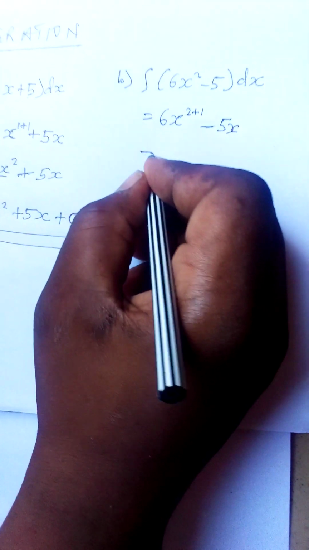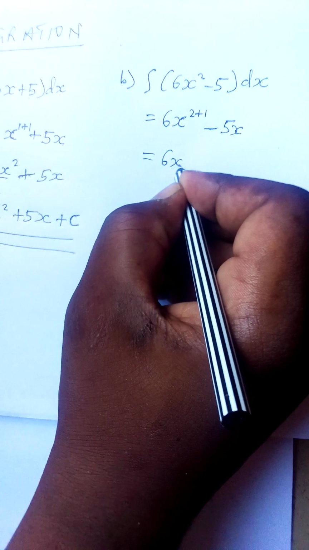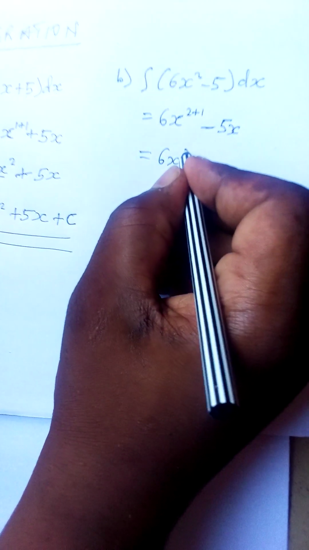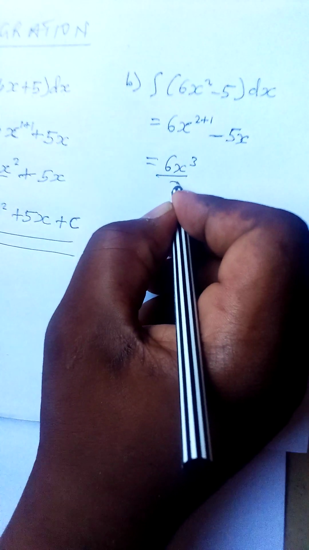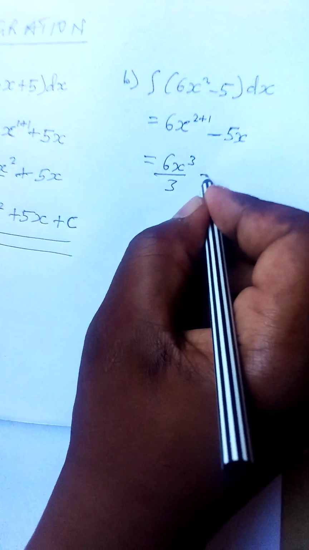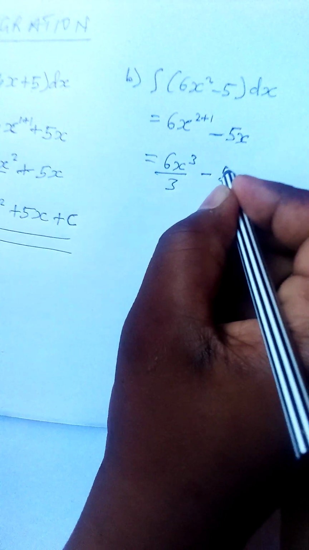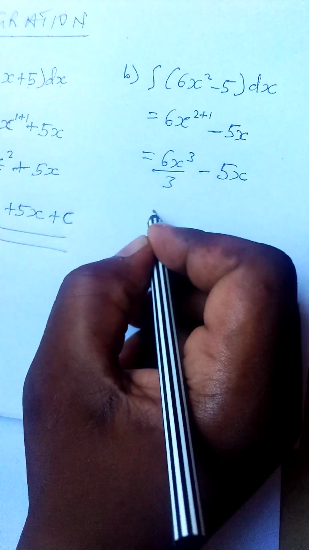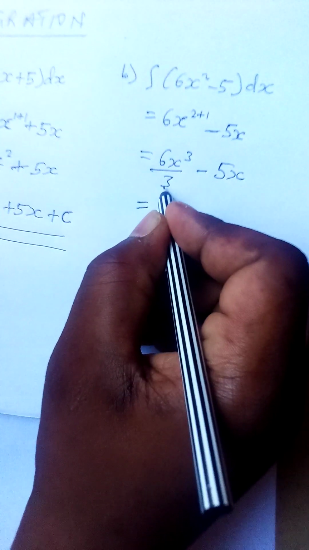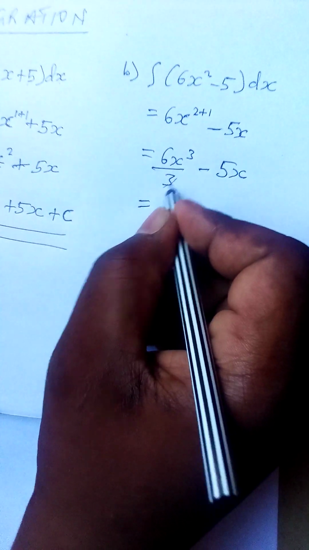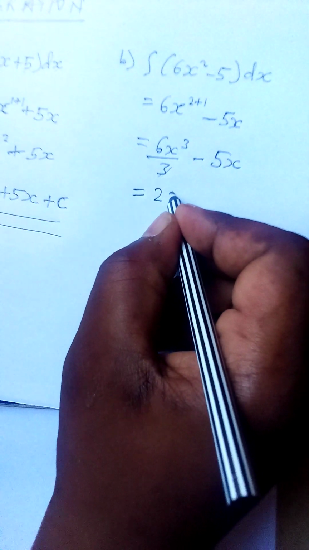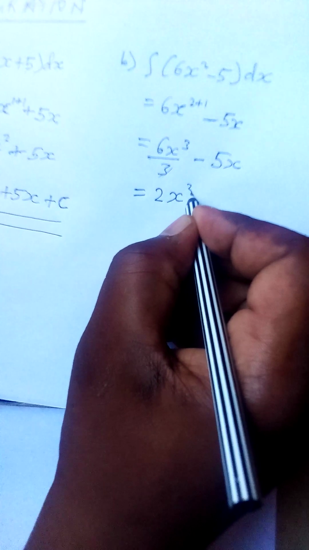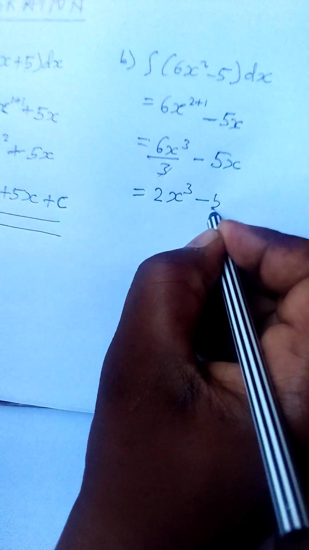Then from there, 6x, 2 plus 1 is 3. That new power that we have, we are also going to put over 3, minus 5x. This will be equal to 3 into 3 is 1, 3 into 6 is 2, so 2x to the power 3 minus 5x.